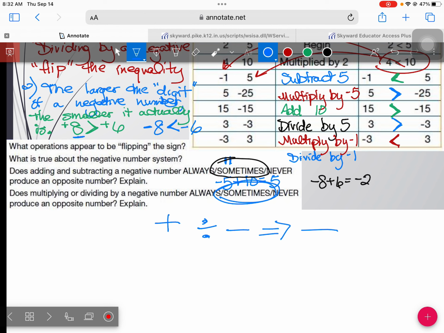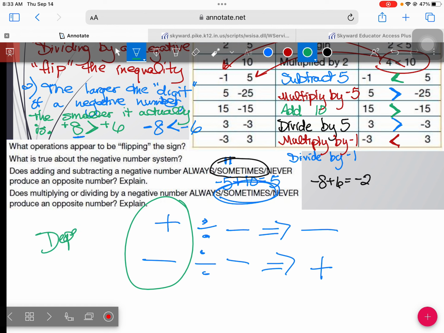If I have a negative number and I divide it by a negative number, what's my result going to be? A positive number. So what does it actually depend on? It depends on your first value, your first number. So it is sometimes, and it depends on whatever your first value is.